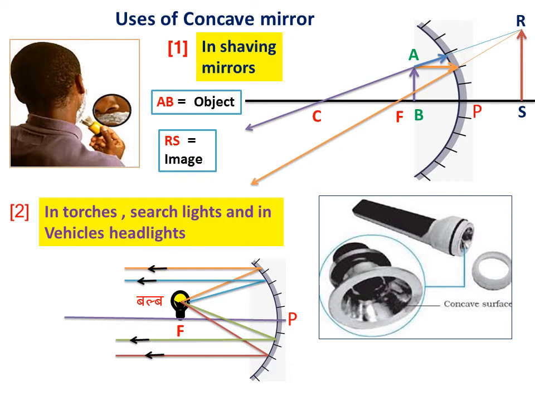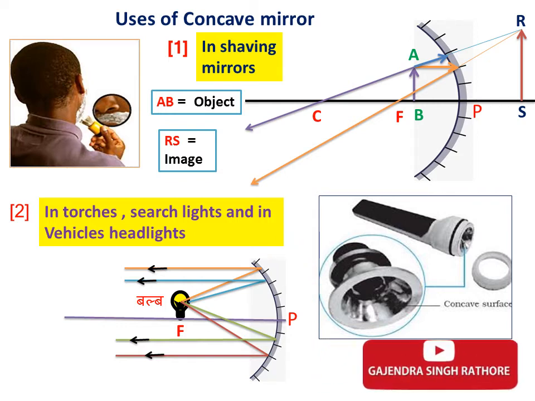The source is placed at the focus of a concave mirror like this. The light rays after reflection travel over a large distance as a parallel intense beam. So this phenomenon is used in torches, searchlights and in vehicle headlights.